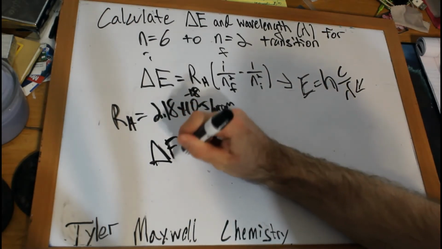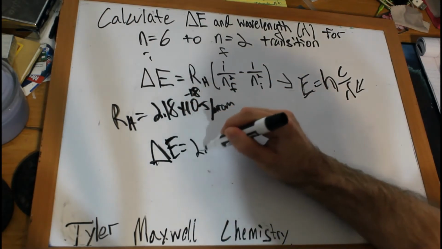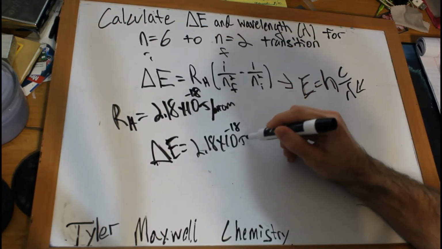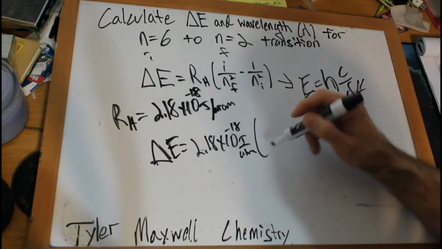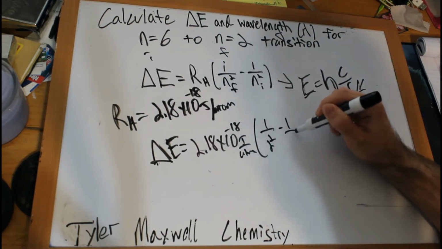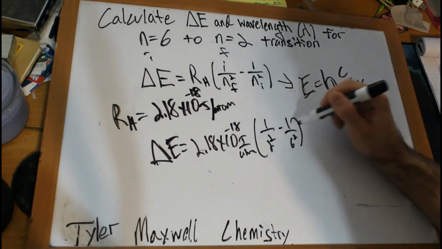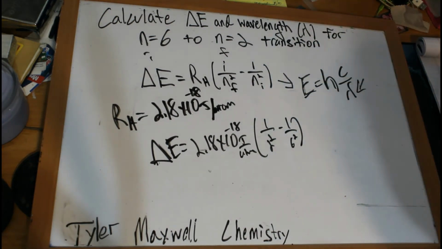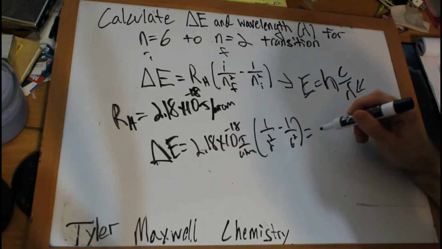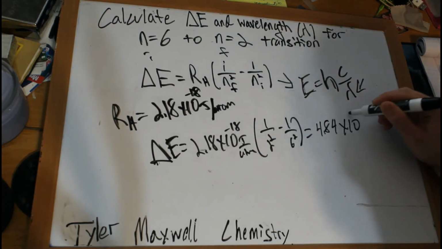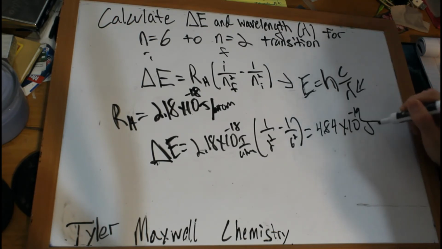So delta E is equal to our constant times 1 over 2 squared minus 1 over 6 squared. Okay, so basically we can just multiply all of this out, and what we're going to get is 4.84 times 10 to the negative 19 joules.